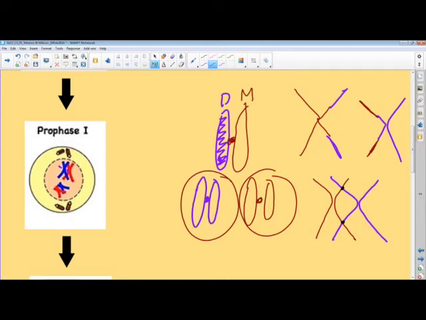When they duplicate like this, you'll see that when they get to this stage, you have some of your mom, all the squiggly ones here, and then on that chromosome you also have some of your dad. Can you understand? So this is called crossing over. It's very, very important. Without this, we have a problem.